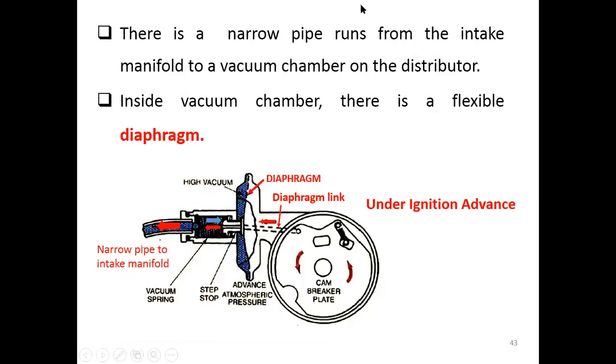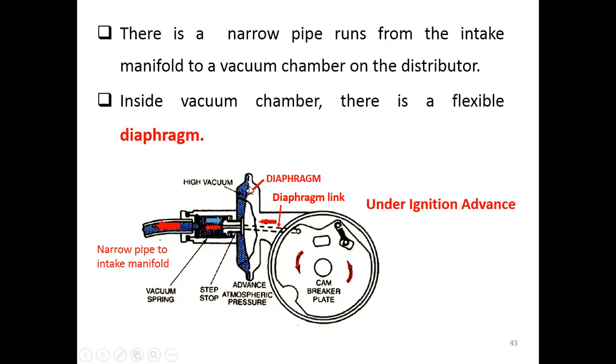So there is a narrow pipe running from the intake manifold to the vacuum chamber, and inside the vacuum chamber there is a diaphragm. This diaphragm will move left and right according to the force from the vacuum and the spring on the diaphragm link.